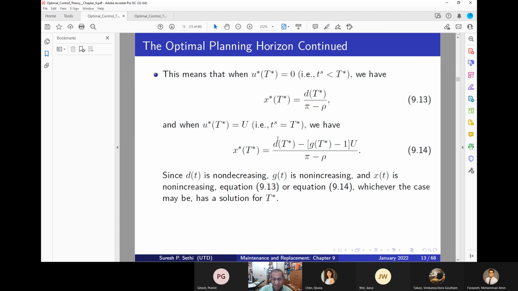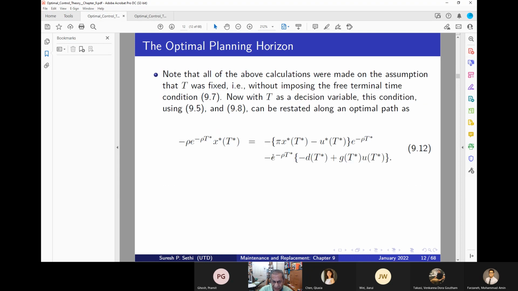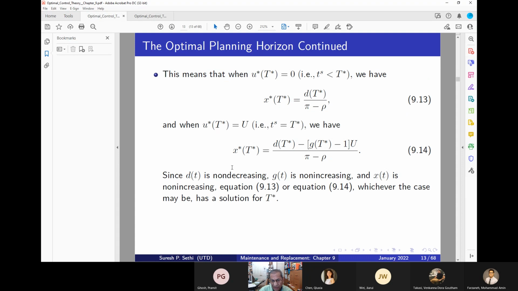So you can see that by using this condition, we have got a condition on X star T star, what should be the value of the state variable, which is the sales value of the machine at time T star. Now try to read this sentence and try to immediately figure out what it means.